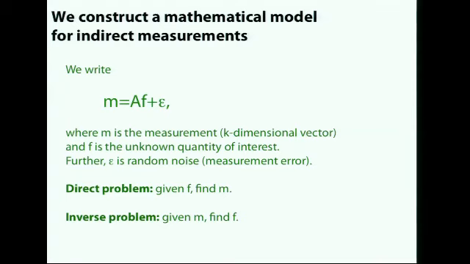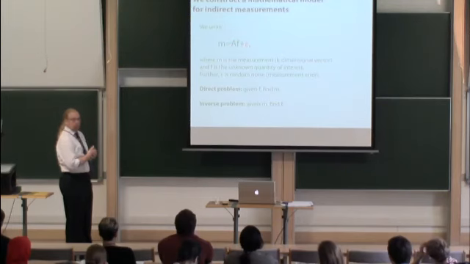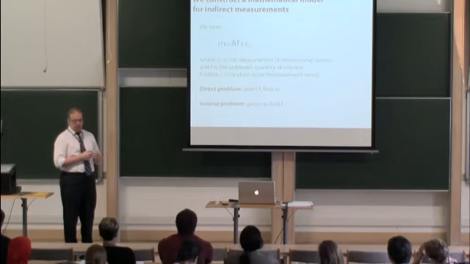We would like to know this physical quantity F, but for some reason we cannot measure the values of F directly. We only have available this indirect measurement. There's this process, this operator A between. It may be linear or non-linear. In this course, the numerical techniques I will present to you will concern only linear cases. So then you can think this is a linear operator A. Epsilon here is a random noise or some kind of error in the measurement.